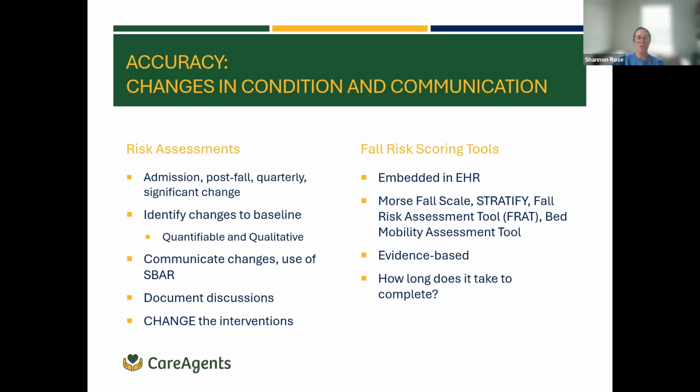When there is a change, the assessment results should be communicated. Maybe your facility uses an SBAR tool to communicate changes, and communication should be documented. Who did you call and what did you discuss? And when there is a change in a risk assessment, there should be a change in intervention. This is a best practice and a defensible practice when it's documented.